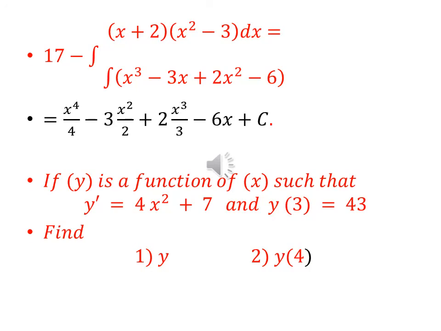Substitute y as 43 and x as 3, and we get c. So y is 4x^3 over 3 plus 7x plus the constant. What's y of 4? Put x equal 4, and we get y at 4.